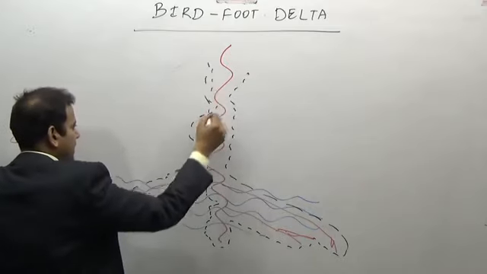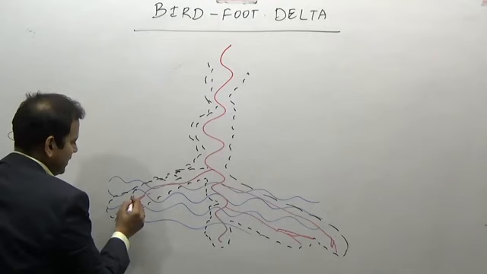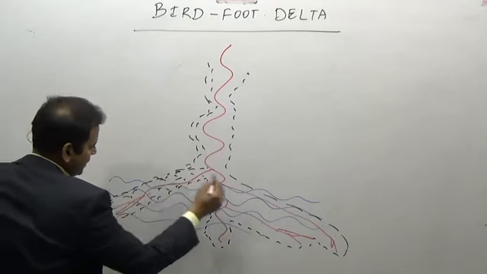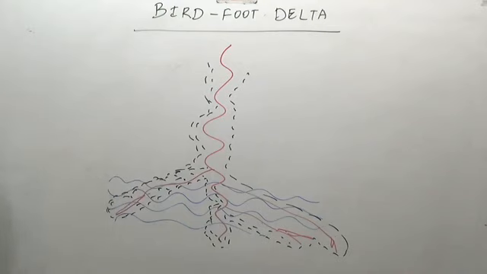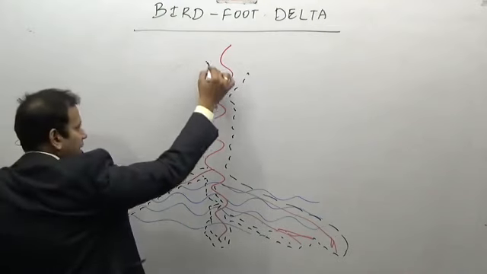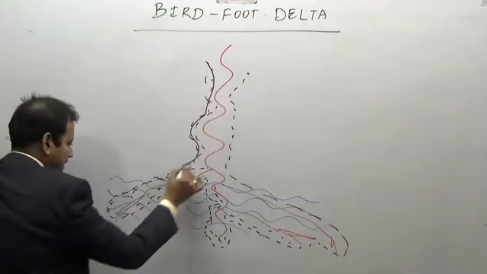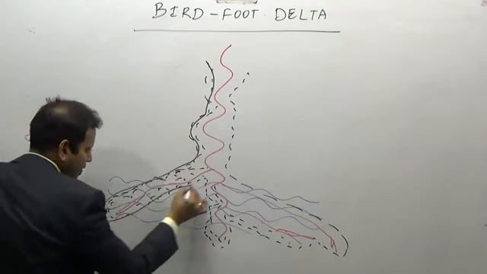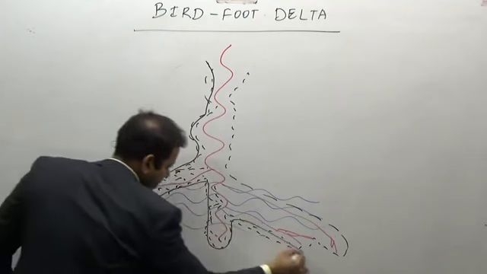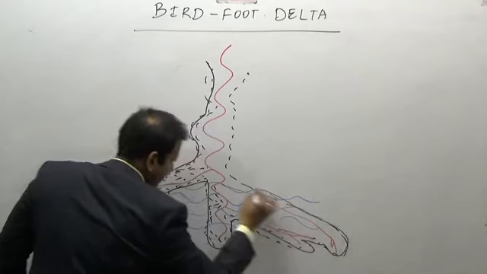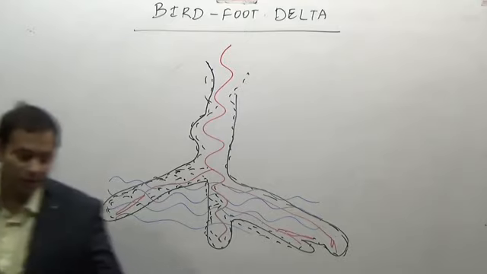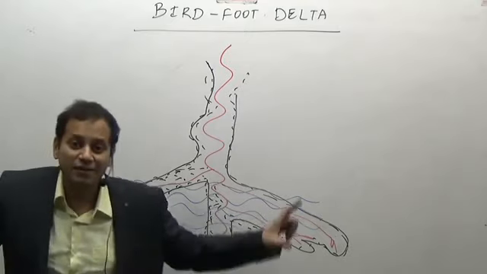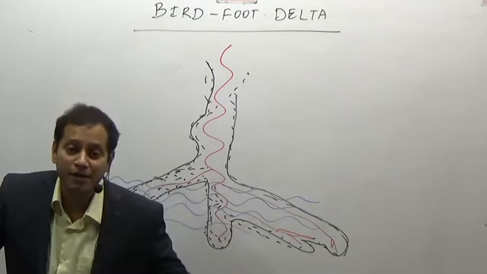These are the only areas where the deposit is made, in rivers carrying very fine sediment. If we draw a diagram of such a delta, what does it look like? Does it look like the foot of a bird? Or doesn't it look like fingers? Such a delta is known as a bird foot delta.